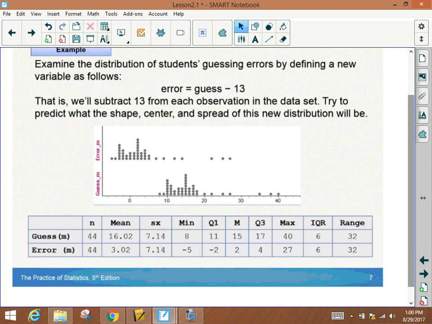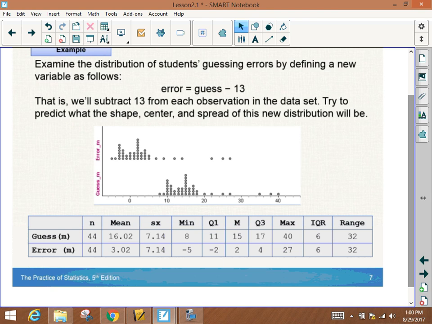That's our guesses, so error was our guess minus 13. Let's look at the shape of the distribution. It hasn't changed at all. All that's happened is each data point has been shifted 13 units down, or 13 units in the negative direction.